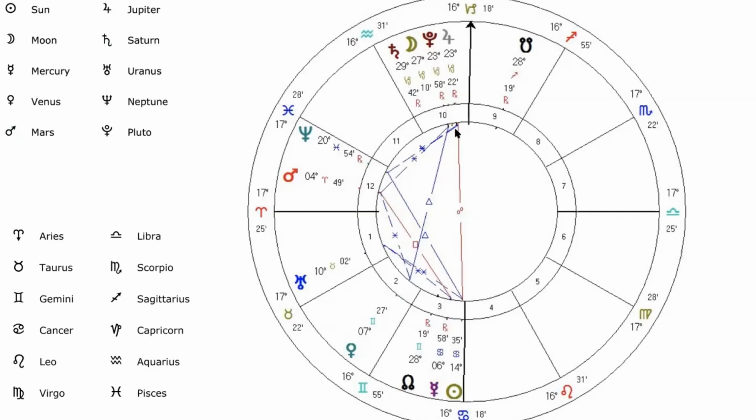So the aspects are based on geometrical relationships. And we'll get more into the specifics in further classes. But just to know that's what you're looking at in the middle of the chart is which planet is connected with which other planet and how, essentially.